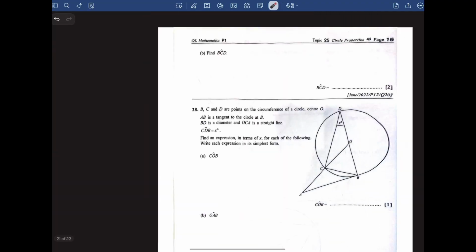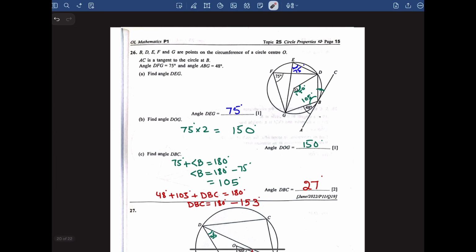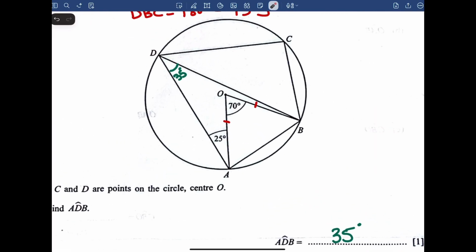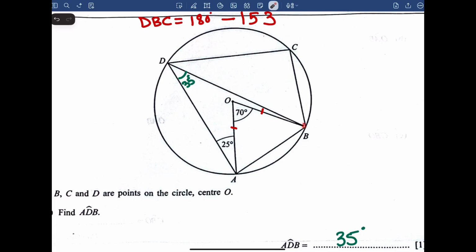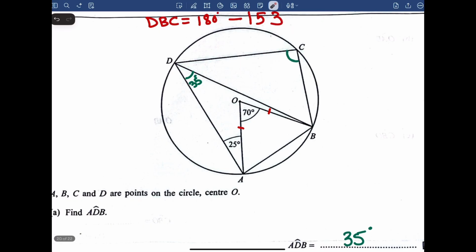Okay, next find BCD. Okay, so this angle, as already clarified, is not 90 degrees. Okay, so let's see. We have a cyclic quadrilateral ABCD.